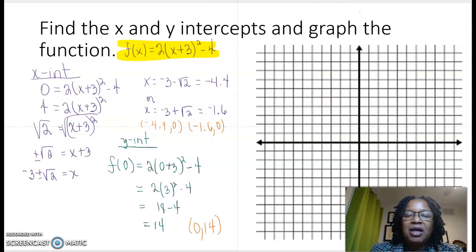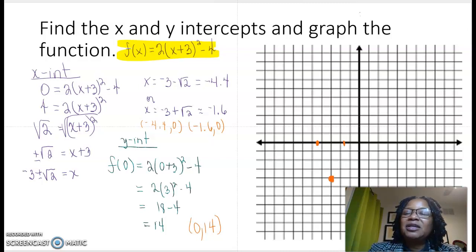Let's go ahead and plot our vertex, which for this problem is negative 3, so left 3 and down 4. Here's my vertex. My x-intercepts are at negative 4.4, so maybe a little short of halfway, and negative 1.6, a little beyond halfway, like so.